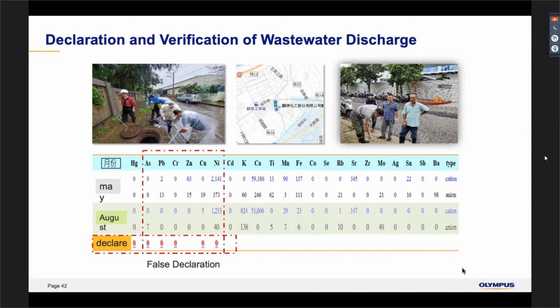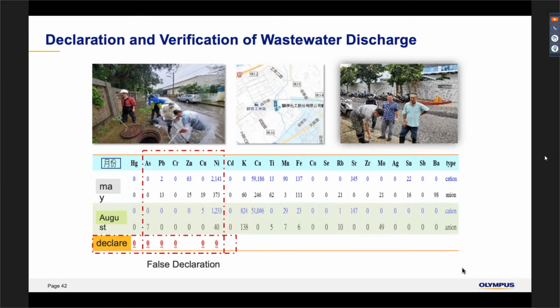Okay. So there are cation and anion types. So Prof, can you explain a little bit about the cation and anion types of resin? Okay, if we use the standard solution, usually for AA and ICP, they are made from chemicals that only contain positively charged metals.